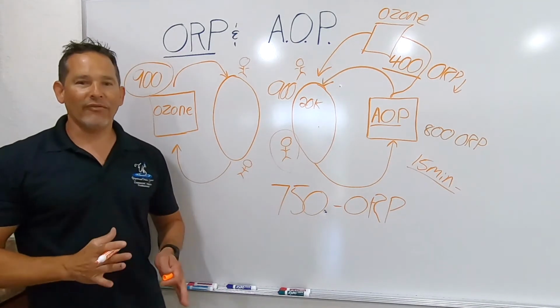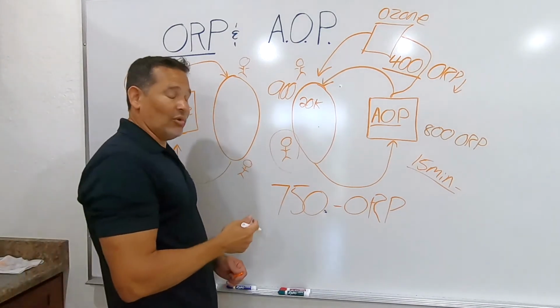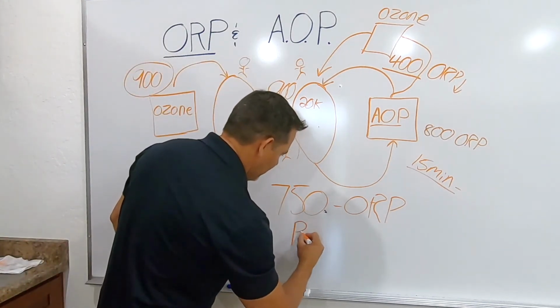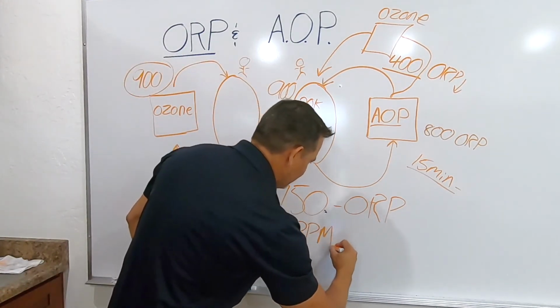So you're better off going with a chemical controller of some sort with a ppm probe. It's called a ppm probe.